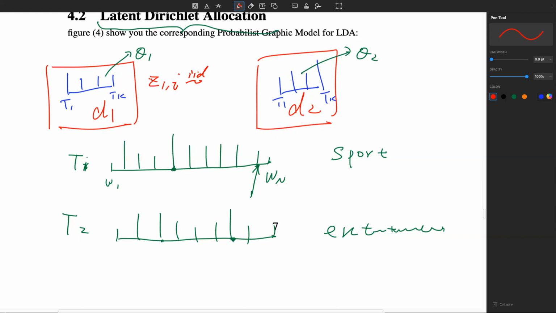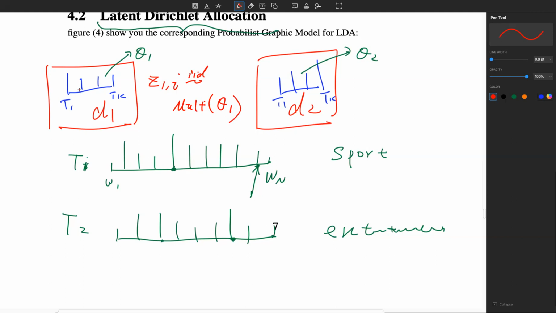You don't need to use Dirichlet again. You can just use a multinomial distribution, and it actually comes from theta1, because theta1 already tells you the weights of every topic.